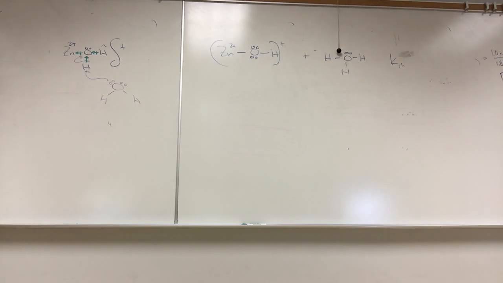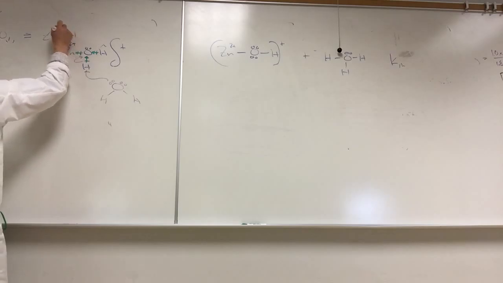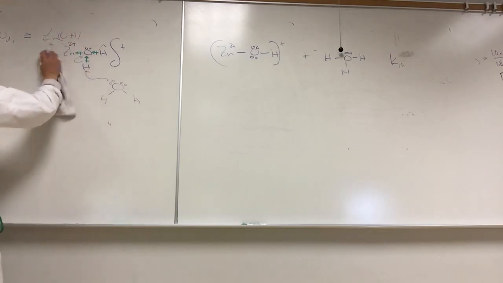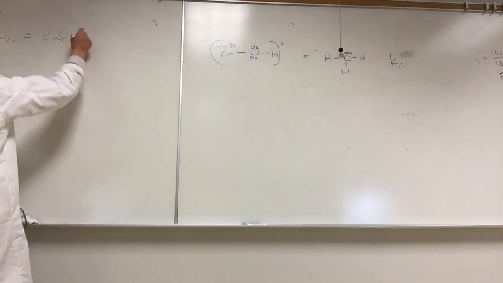And so the net reaction, the Ka reaction, is hexaaqua zinc 2 plus H2O liquid yields the hydroxo pentaaqua. Actually, how would you name this?